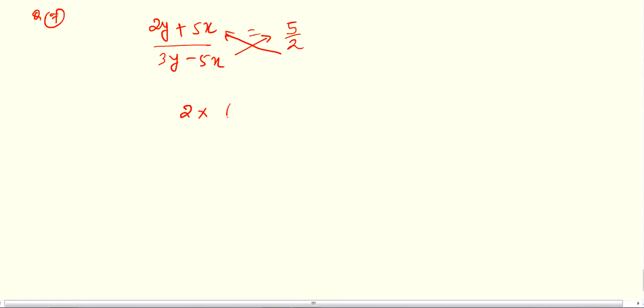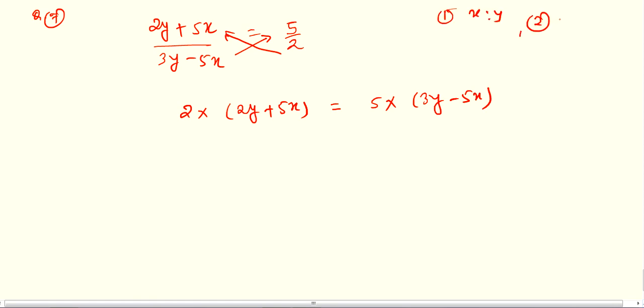So 2 into (2y plus 5x) equals 5 into (3y minus 5x). What do we have to find? First we have to find x is to y. Second we have to find x if y equals 70. And third we have to find y if x equals 33.